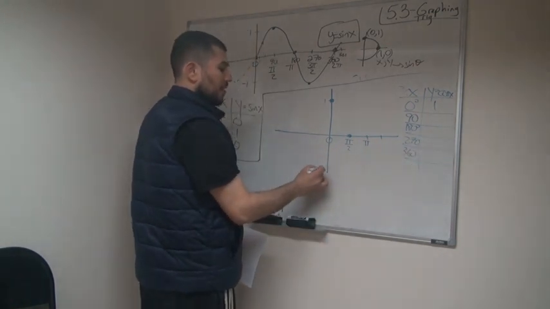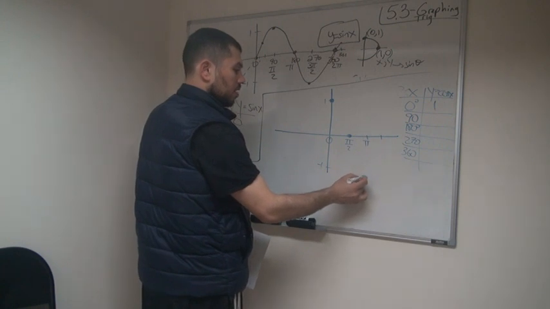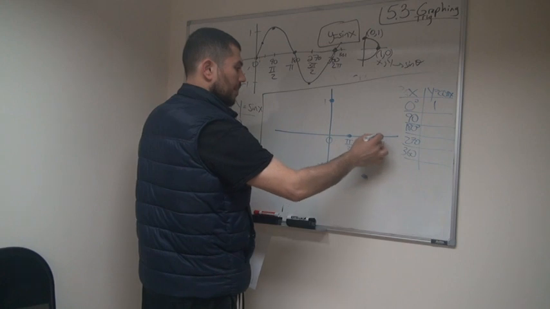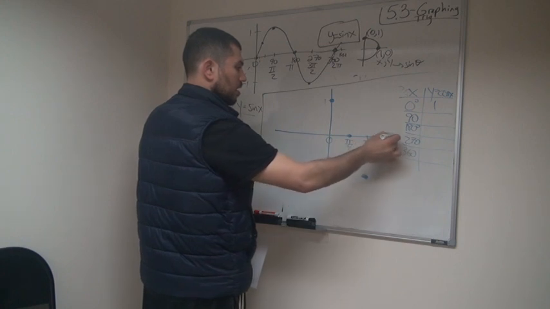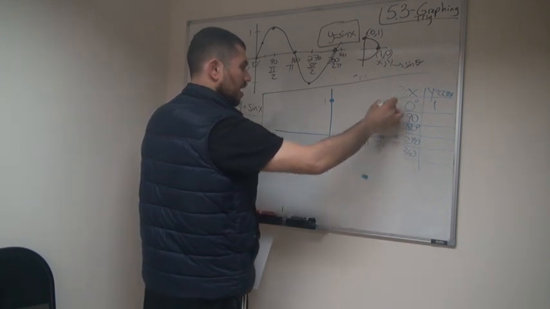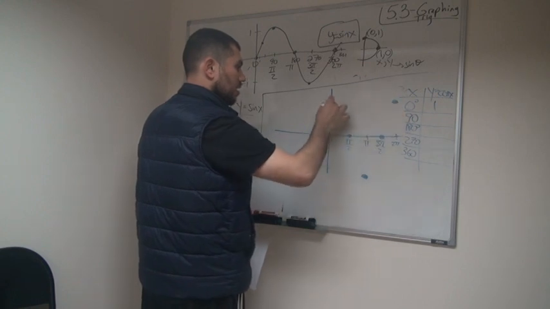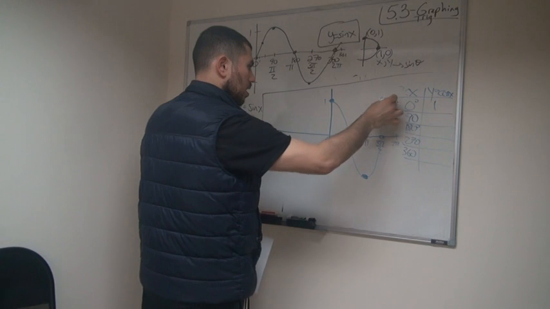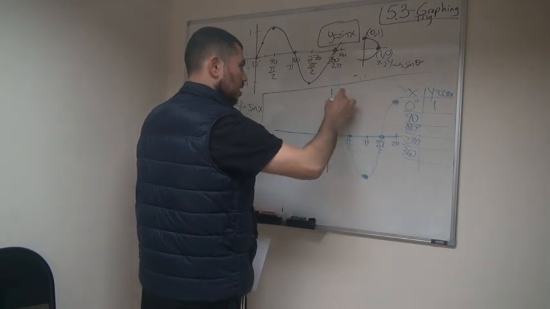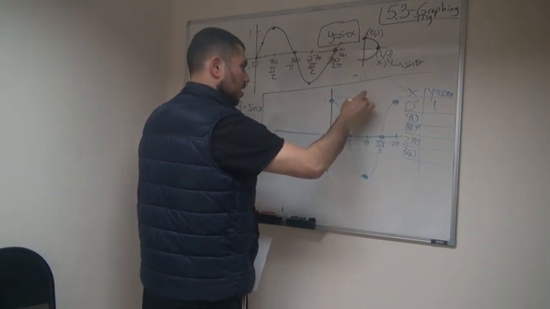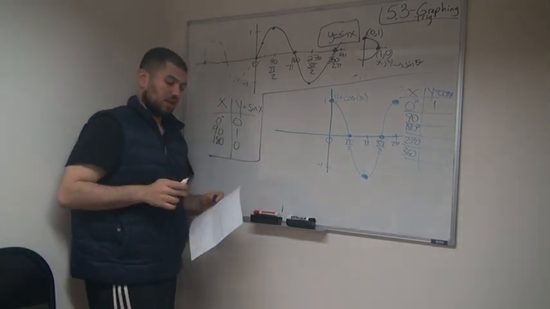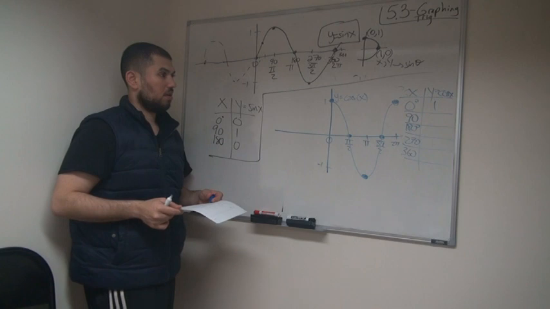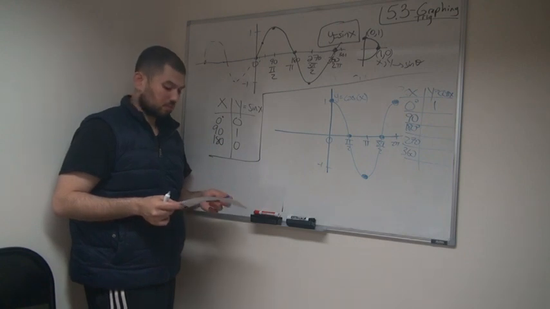At pi, I'm at -1. At 3 pi over 2, I'm at 0 again. And at 2 pi, I'm at a positive 1 again. And that's y equals the cosine of x. That's just one of the cycles.